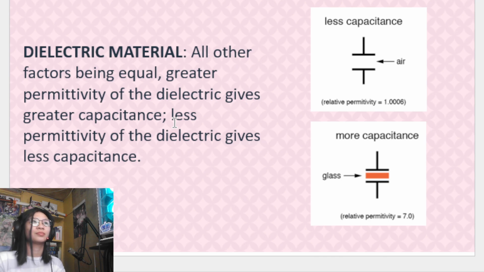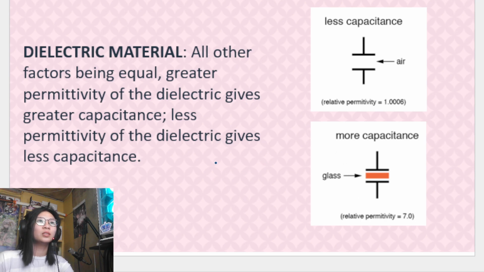Or because dielectric is a kind of insulating material, when you put it in your capacitor or between your metal strips, it actually drops your voltage.